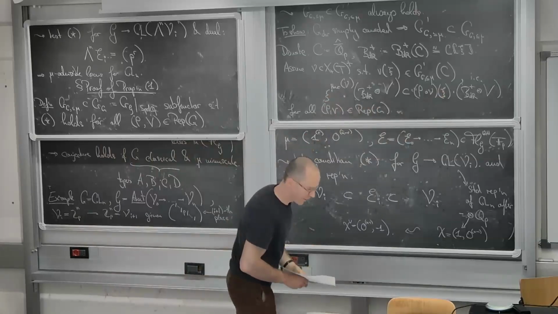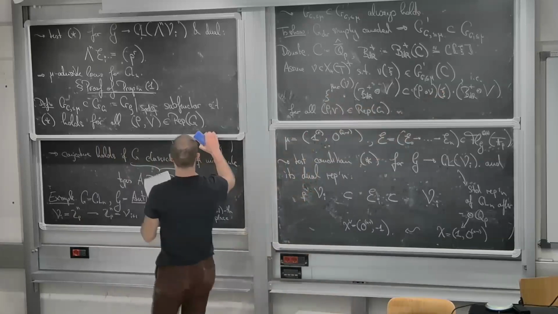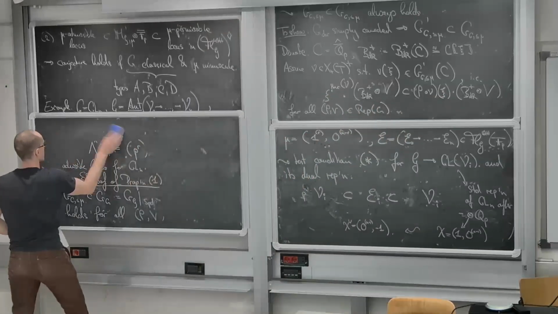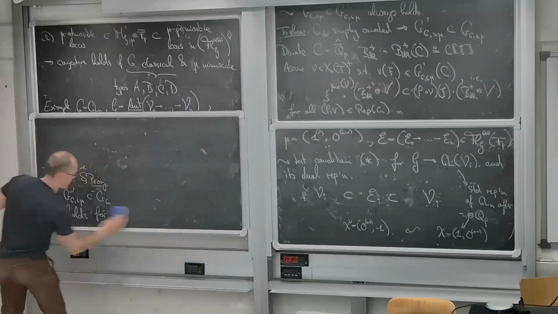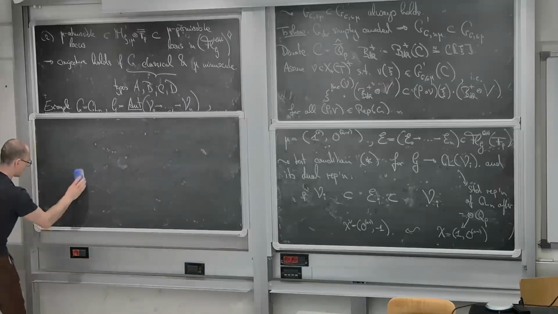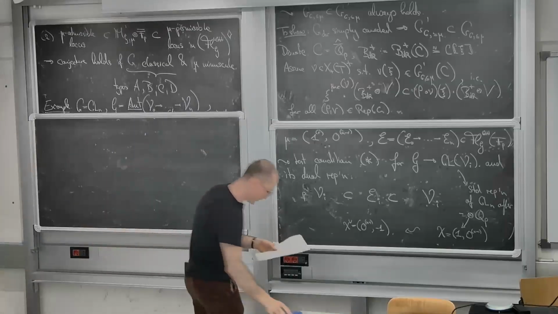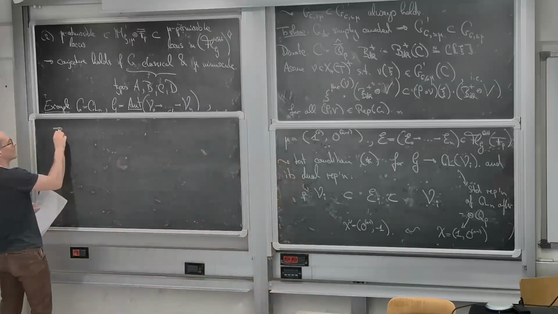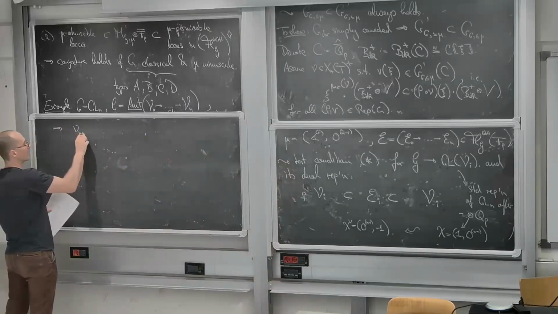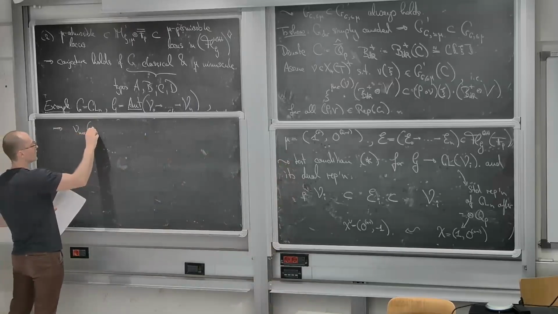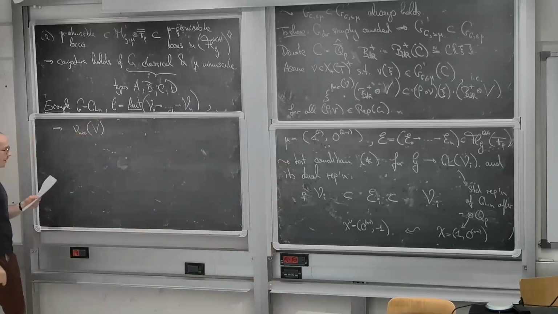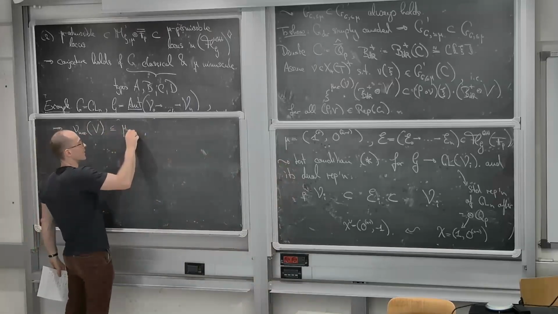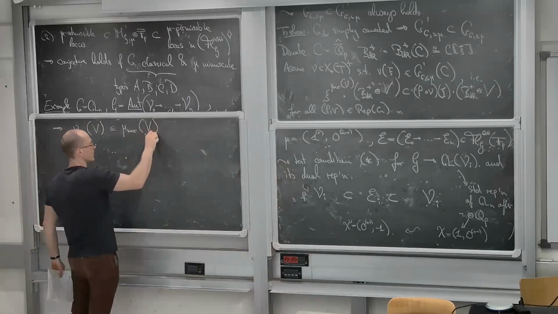And if you translate this back, it means that the maximal mu weight of V will be less or equal to the maximum mu weight of V.